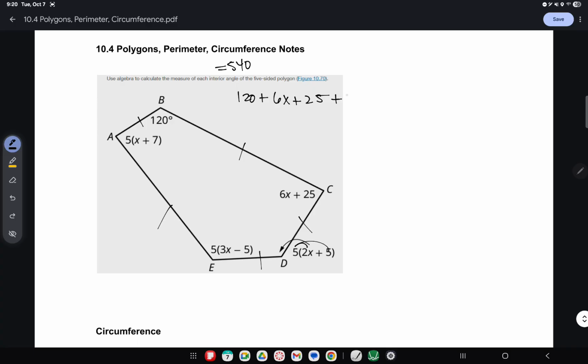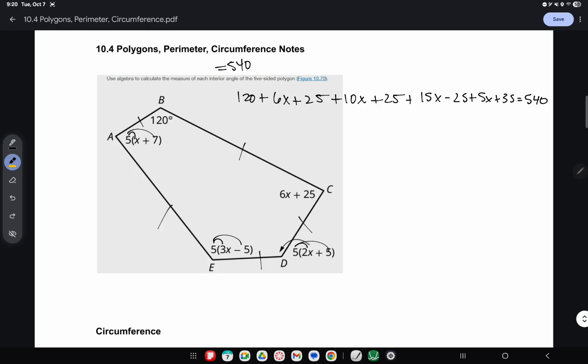So 5 times 2x is 10x. 5 times 5 is 25. Do it with this next one too. So 5 times 3x and 5 times negative 5. So 15x and minus 25. And then this last one here, 5x and 35. And all of that adds to be 540 degrees.